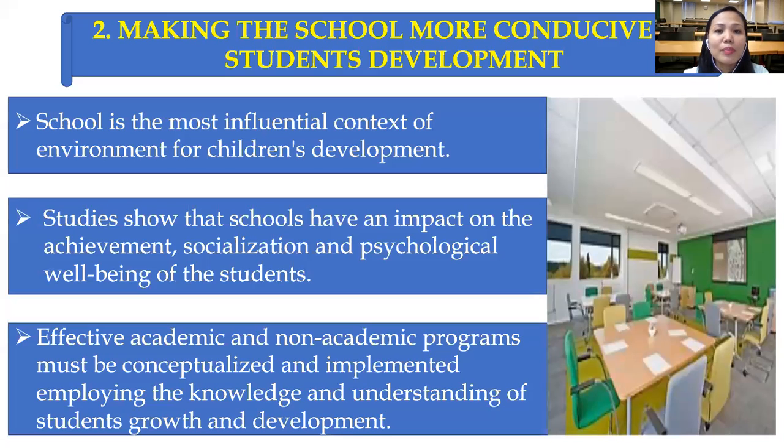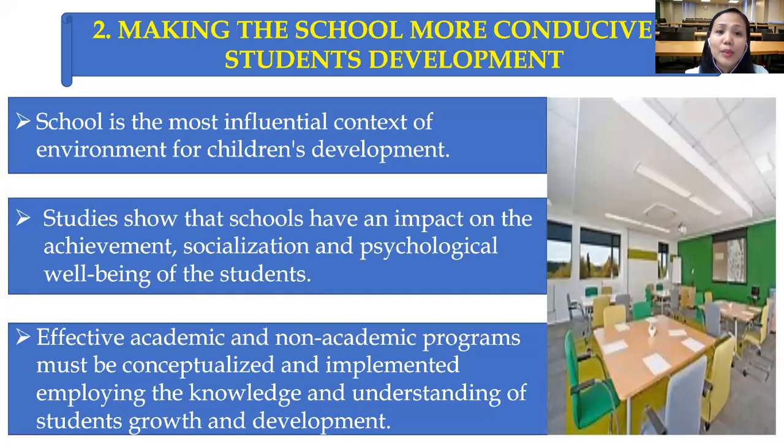Next, we have making the school more conducive to students' development. School is the most influential context of environment for children's development. Studies show that schools have an impact on the achievement, socialization, and psychological well-being of the students.